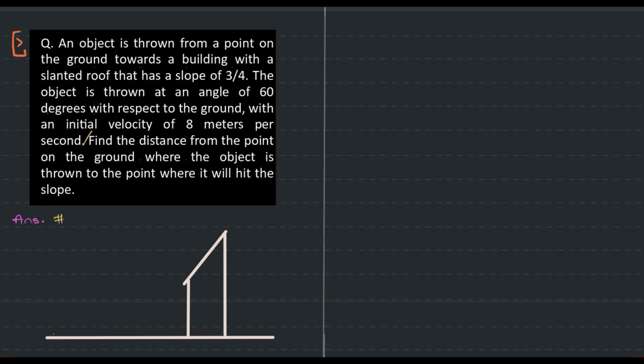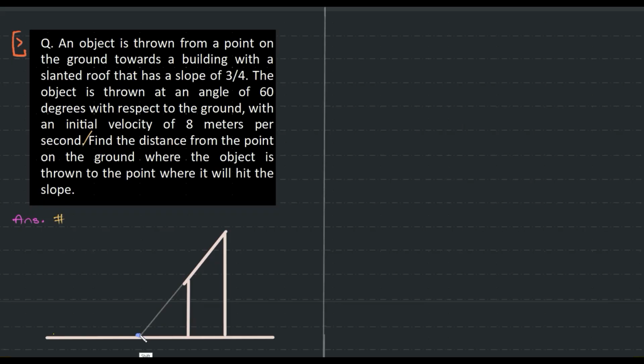So one thing the question misses is the following. The object is thrown from this point, right, along the slant. It's supposed to start from here. This is what is missed per se.